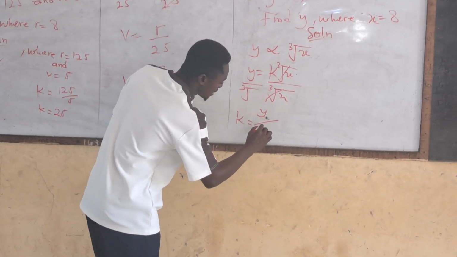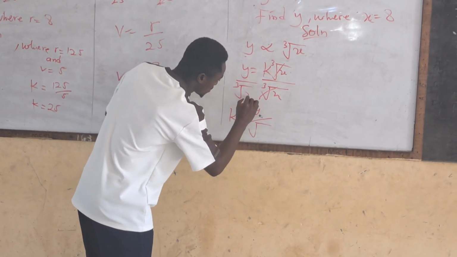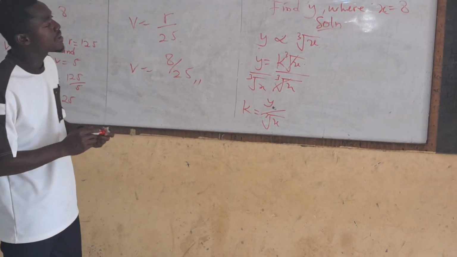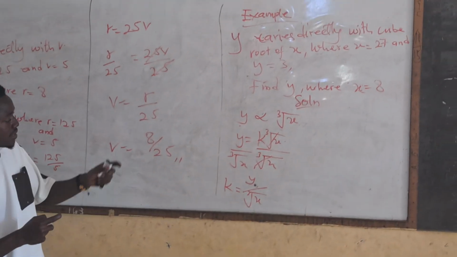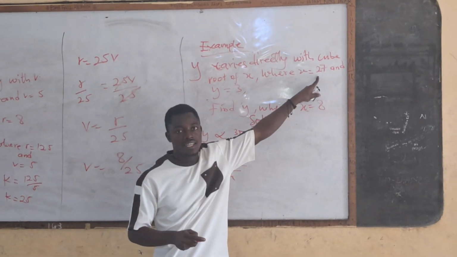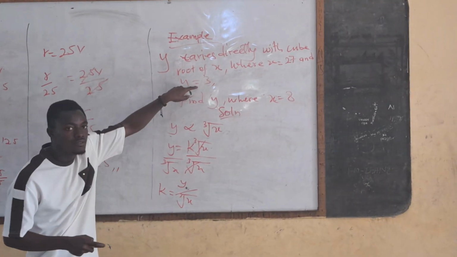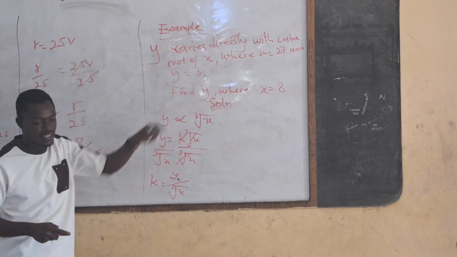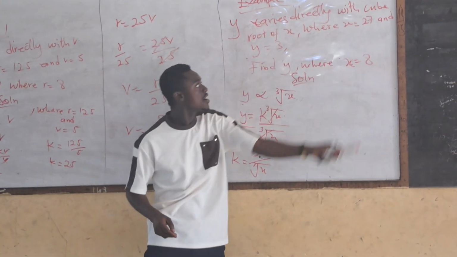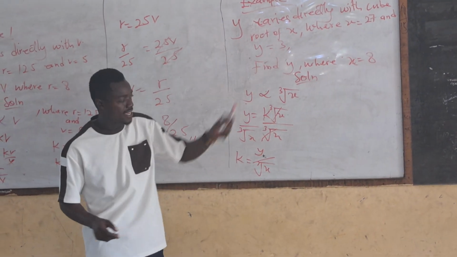y over the cube root of x. But in the question we are given x equals 27 and y equals 3. Wherever we see x, we put 27 there. Wherever we see y, we put 3 there.